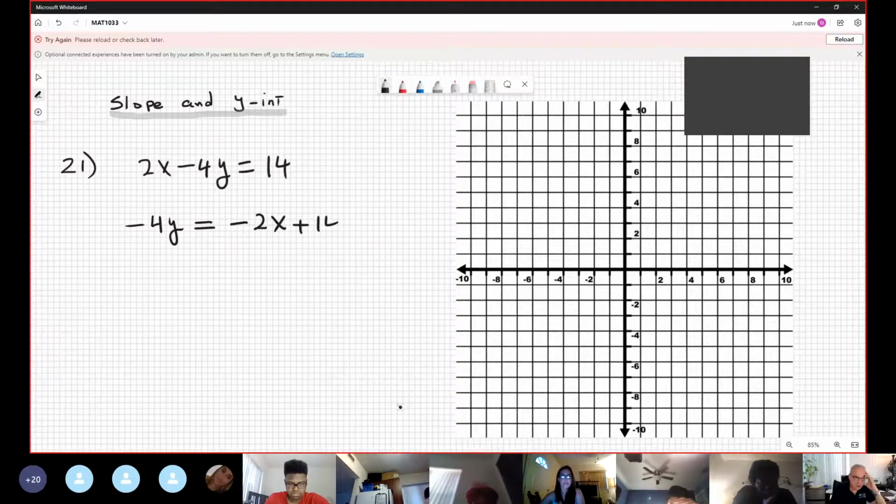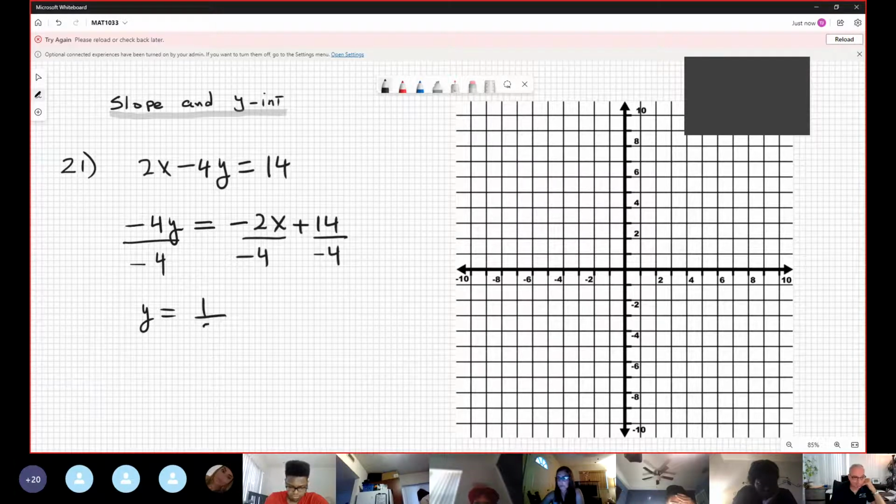The idea is always you move the term that contains x to the right-hand side, but you put it in the first place, and the numerical part 14 in the last place. Now divide by -4. When you divide the entire equation by -4, we have exactly what we need, y alone.